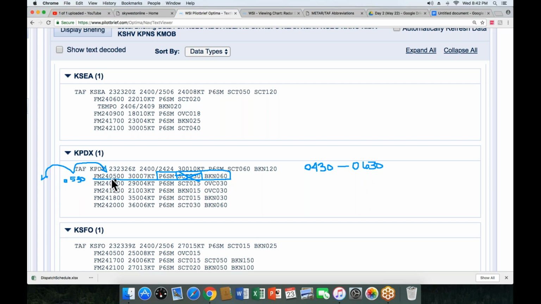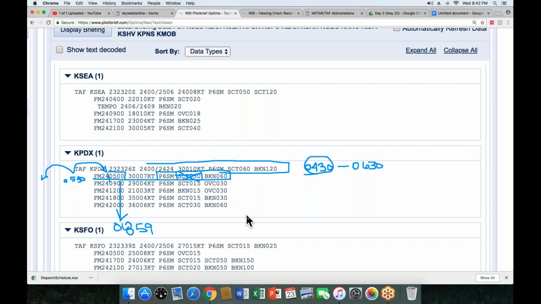So this forecast is for 0500. From 0500 to 0859, this is what the weather is expected to be doing. So since 0430 falls prior to that, we need to take into consideration this line as well.